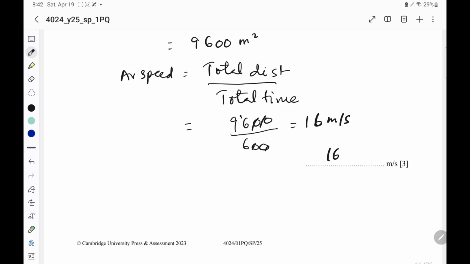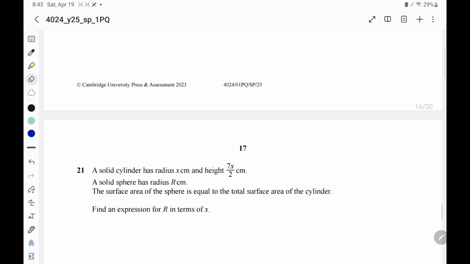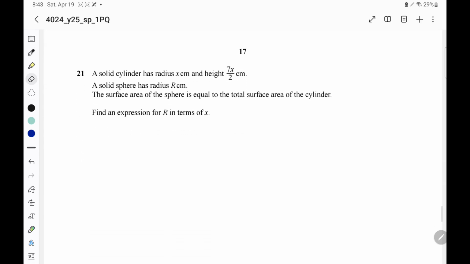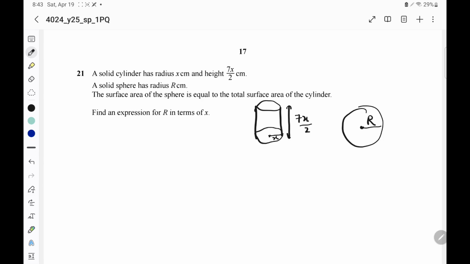Okay, all right, so the next, question number 21. A solid cylinder has radius x and the height is 7x upon 2, and the sphere has the radius R. The surface area of the sphere is equal to the total surface area of the cylinder.